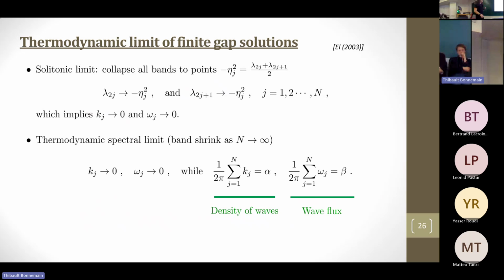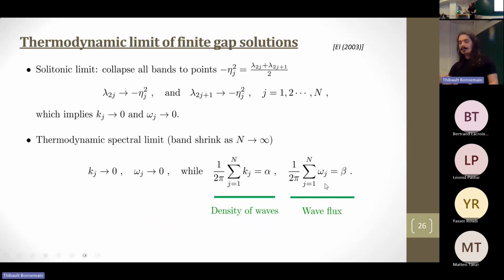So we want all the wave numbers to go to 0 while keeping this quantity finite. And this makes sense because k being a wave number, this quantity has a natural interpretation in terms of average density of waves per unit length. Similarly, this being frequency, this is a flux. Okay, and of course, because of the nonlinear dispersion relation, fixing one implies fixing the other as well.